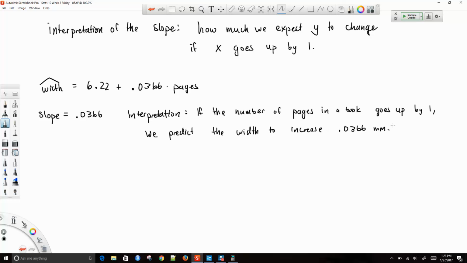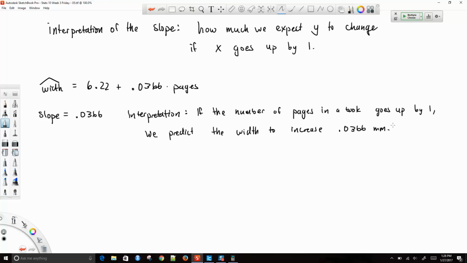Okay? So we can think of it as kind of like the thickness of one page there, okay? These numbers are tiny and it's hard to visualize, so I think it's easier to think of 100 pages or something like that, okay?